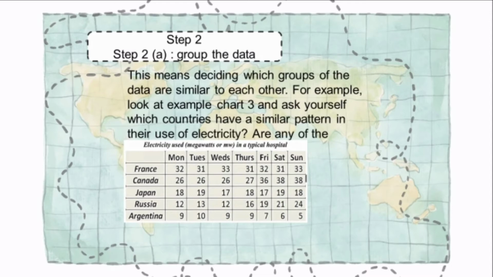Their electricity features fluctuate during the whole week. We can also group Canada and Russia together because they have a similar pattern. Their electricity features rise considerably towards the weekend. Argentina is different from these two groups because it declines towards the weekend.